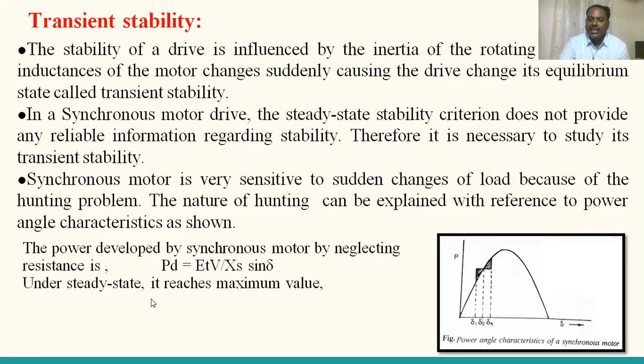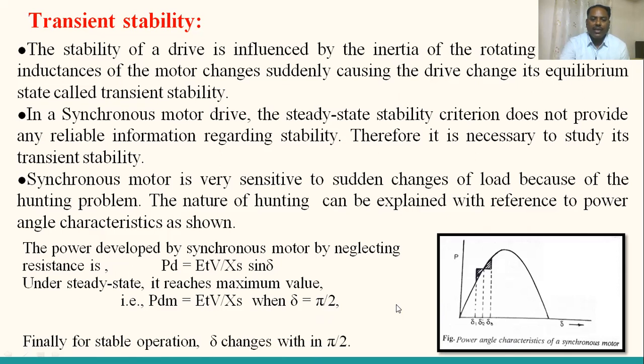Under steady state, it reaches the maximum value when delta is equal to pi by 2. PDM, the maximum power developed, is equal to ET into V by XS, since sine delta is equal to 1 and delta is equal to pi by 2. Before this condition, the system is stable. After this, the system is unstable.